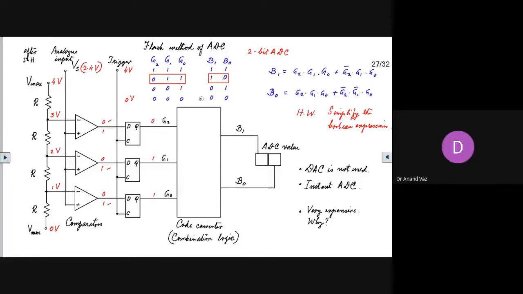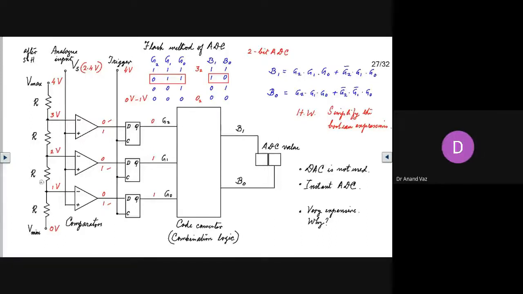You can have combinations going from 0 in the decimal up to 3. So when you are in the range between 0 and 1 volt, you will have the digitized value as 00.